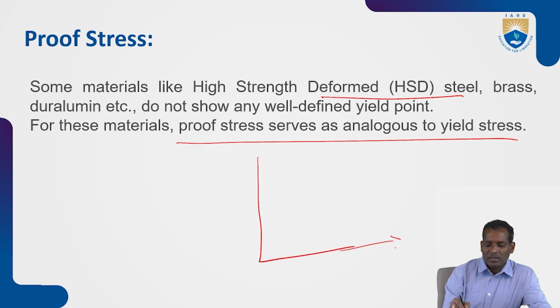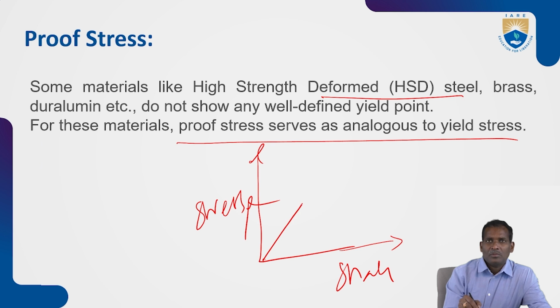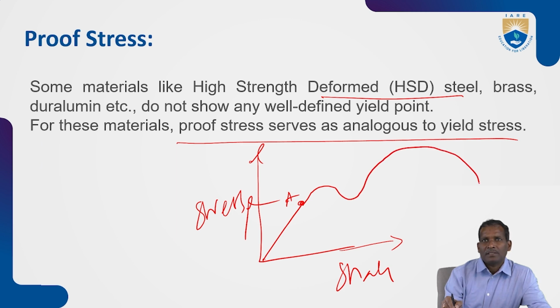So already we have learned in the stress strain diagram, stress and strain, elastic limit or proportional limit, and then upper yield point, lower yield point, ultimate stress, and then fracture.